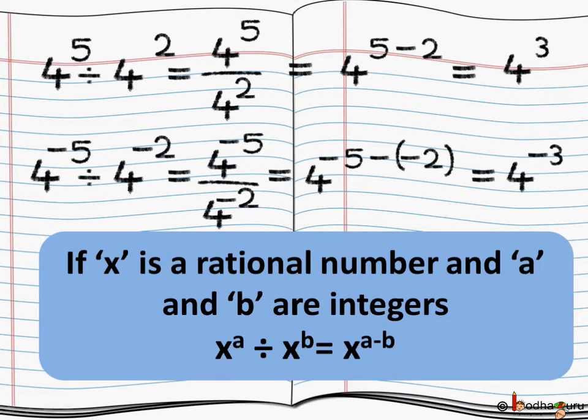This becomes equal to 4 to the power minus 5 minus minus 2. We are subtracting the two powers as we are dividing these two values. So minus 5 minus minus 2 becomes equal to minus 5 plus 2, which is equal to minus 3. And we get the answer as 4 to the power minus 3.